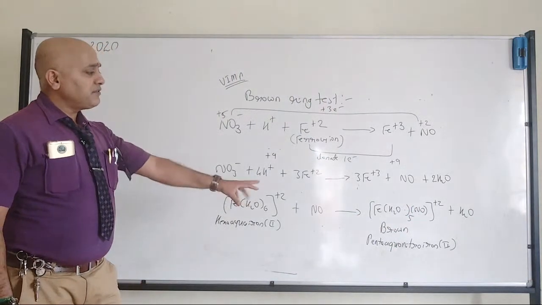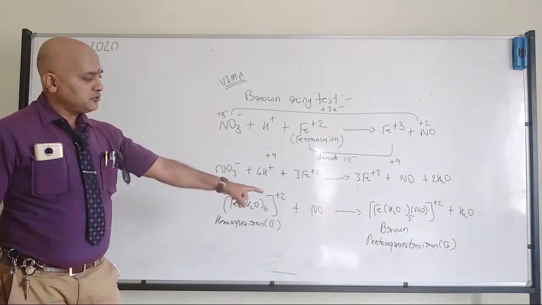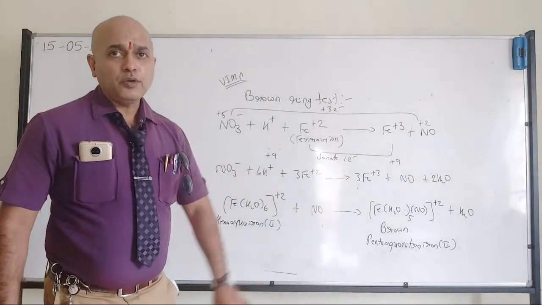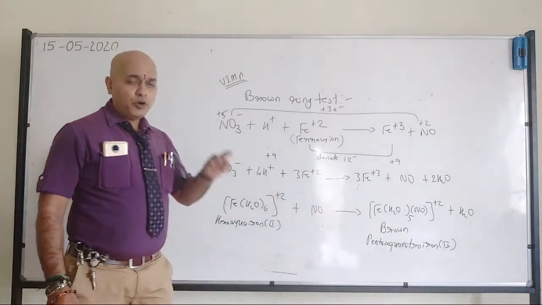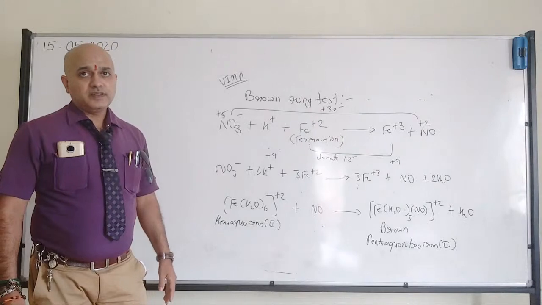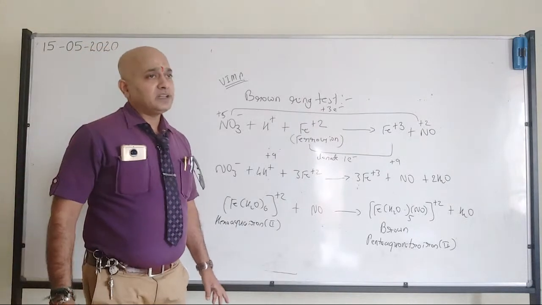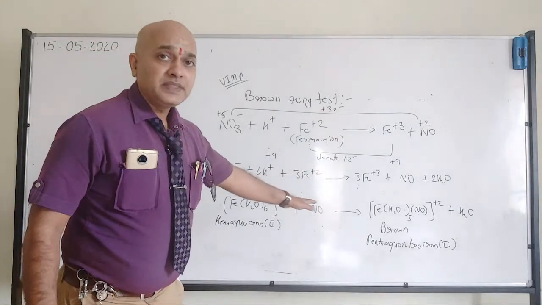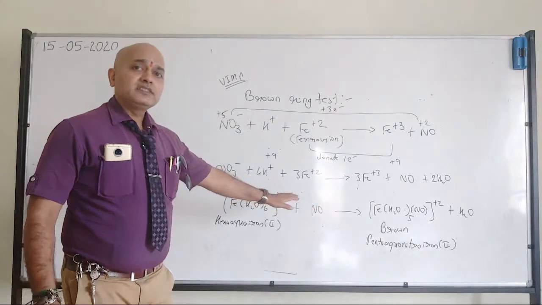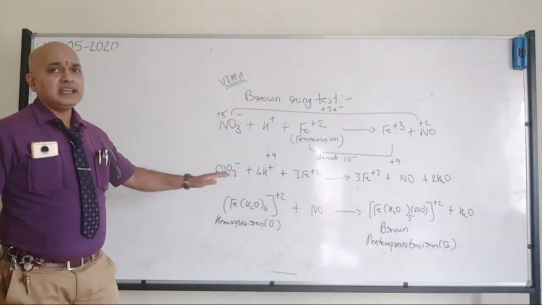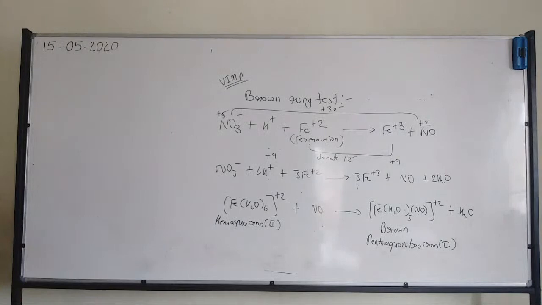Fine. So that's where we have the brown ring, which is due to pentaaqua nitro iron(II). That Roman II indicates plus 2, the oxidation state of the central metal atom. Fine. Everything is clear. So that's why it is called the brown ring test. Any doubts?